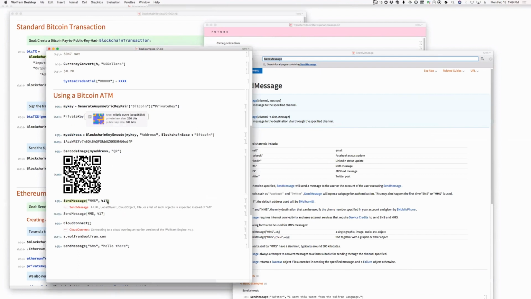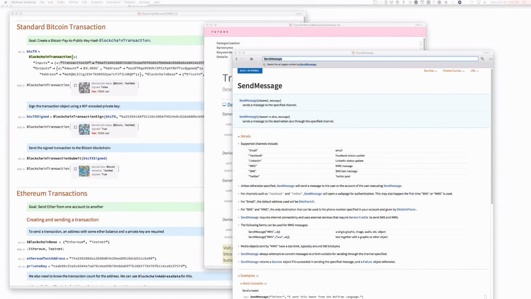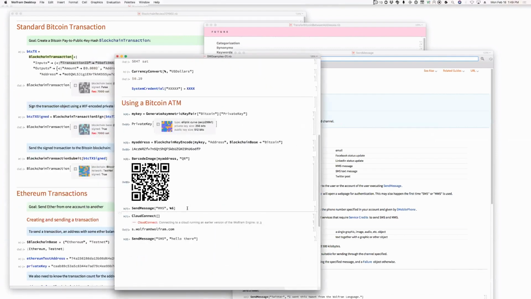Okay, let's try doing this. Let's see. This is sending it to some random non-real phone. Let's see whether I can pack that down. Oh, beautiful.